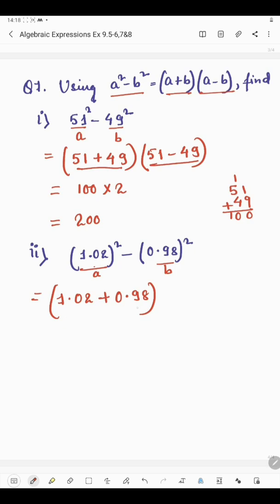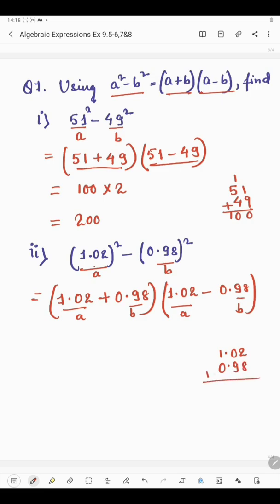Okay, this is A plus B. Now A means 1.02 minus, this is A, and B means 0.98. Okay, now we'll add these two, so 1.02 plus 0.98.